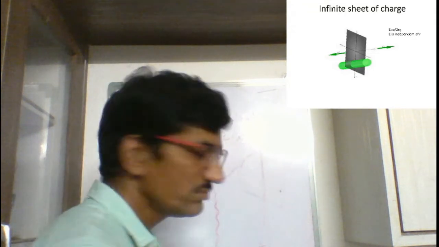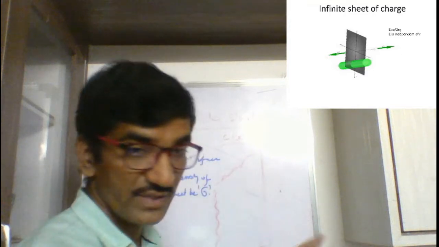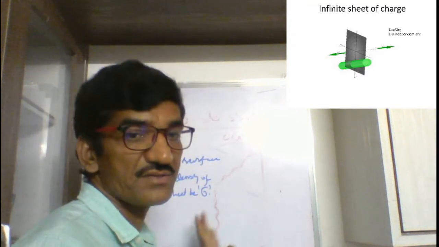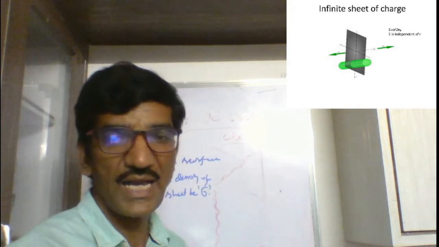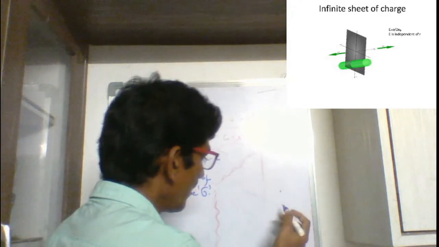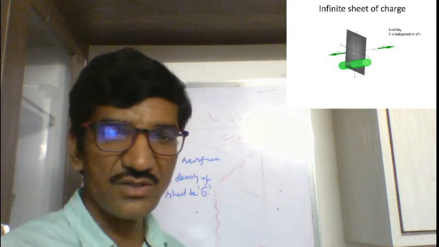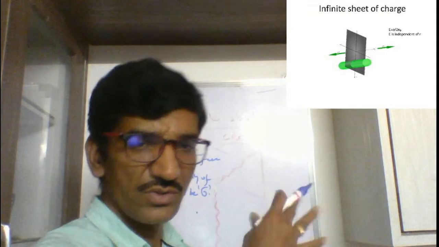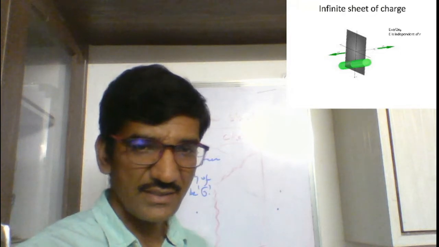Now you want to apply the Gauss law to know the electric field both on the right and left sides of this plate. For that we have to imagine the Gaussian surface. You want to know the field on this side as well as on this side, so your Gaussian surface should pass through these two points.